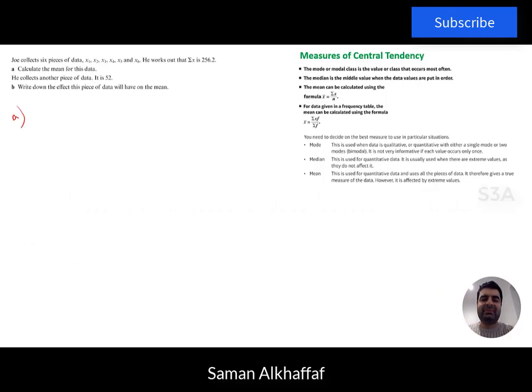We're told that to find the mean, it will be sigma x over n. So in this scenario, it will be 256.2 divided by 6. We have 6 data values, and that will give us 42.7. That will be our answer for part A.